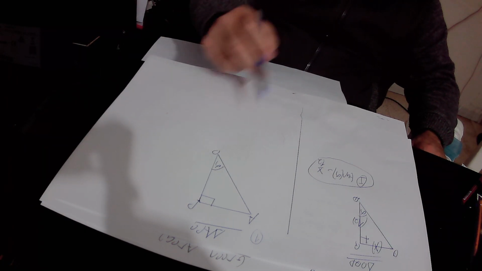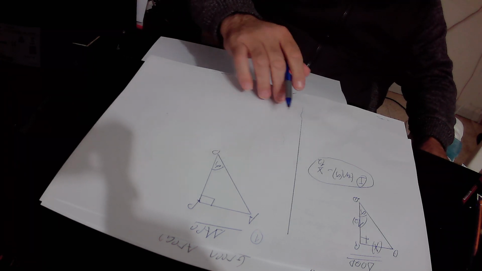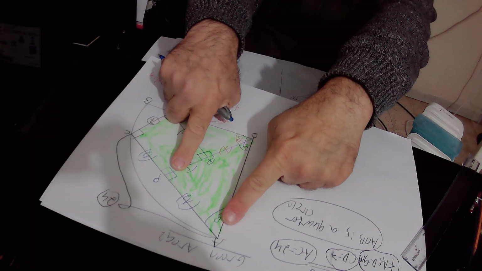This is the right triangle APO that I copied from the original drawing. Side AP equals 12 units.